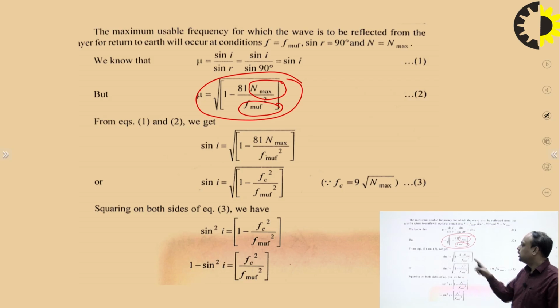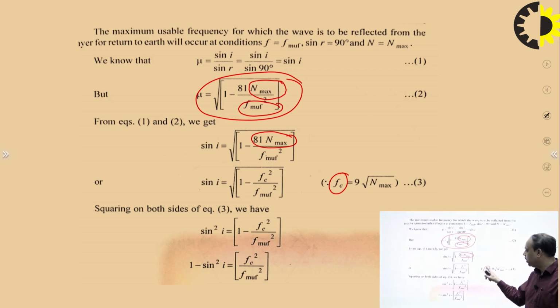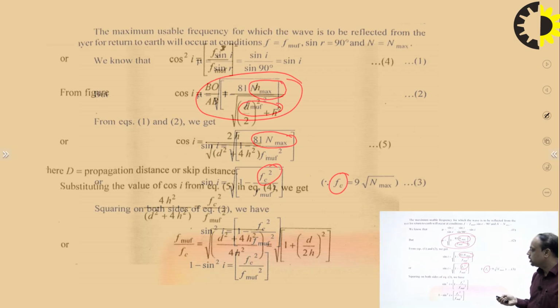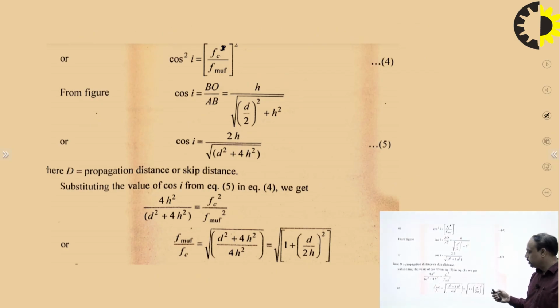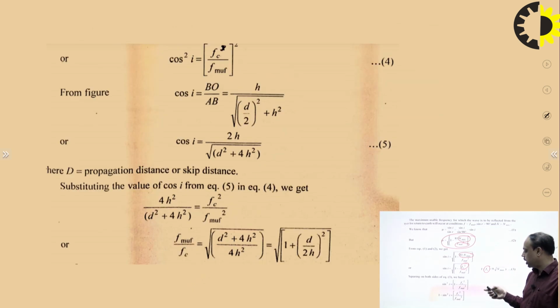Then sine I is equal to the square root of 1 minus 81 N max by MUF squared, and we have also calculated that 81 N max is nothing but the critical frequency. We put this critical frequency here and solve this for the maximum usable frequency. So taking the square, 1 minus sine squared I is equal to cos squared I.